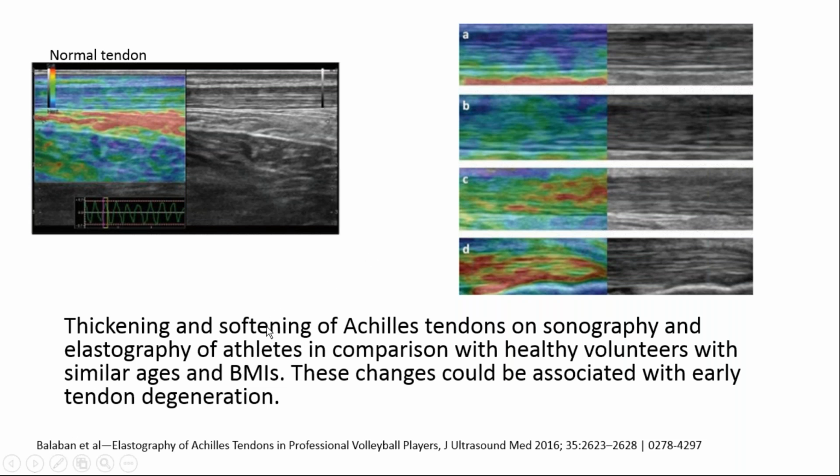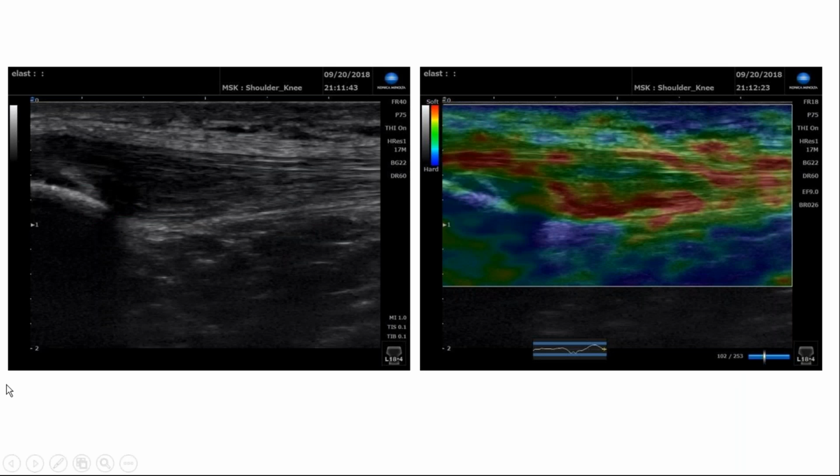I have a different machine now, and I have this elastography mode, and I'm experimenting with that. So you'll see more images and more presentations from me in the future. The next slide is a patient with patellar tendinosis.